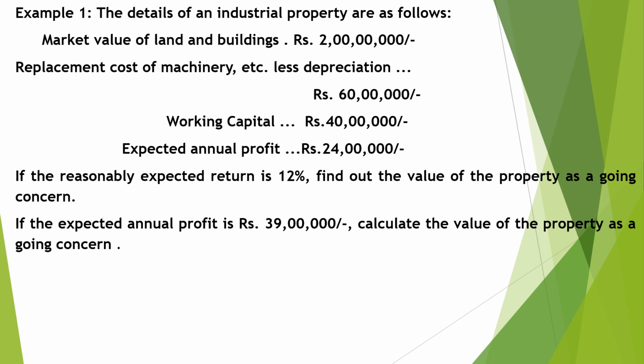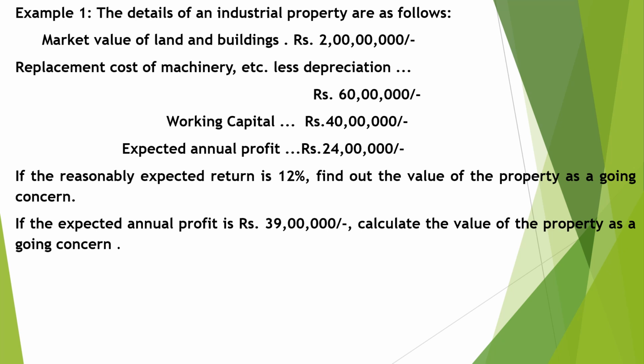A going concern is one which is still in production and is producing certain profit. That concern is called a going concern, and its value is also calculated on the basis of profit. So let us take an example.